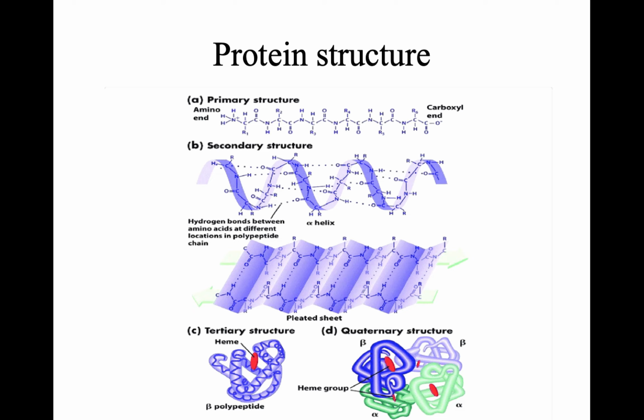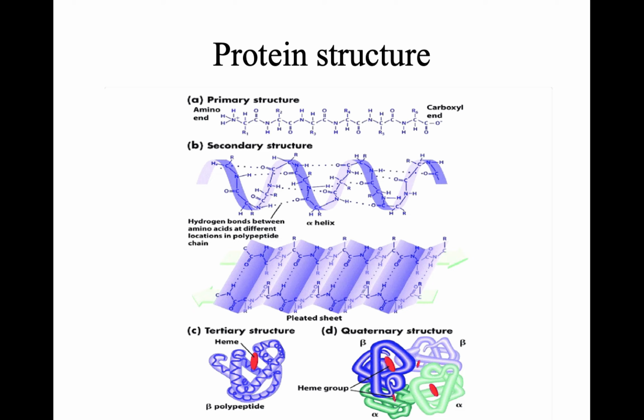It is stabilized with the help of many interactions such as hydrogen bonding, disulfide bonds, hydrophobic interactions, and salt bridges. With the help of all those interactions, the entire polypeptide chain undergoes folding. So the overall three-dimensional folding of the entire polypeptide chain comprises the tertiary structure, which is stabilized by many different kinds of interactions.